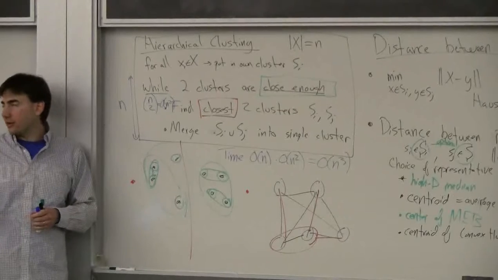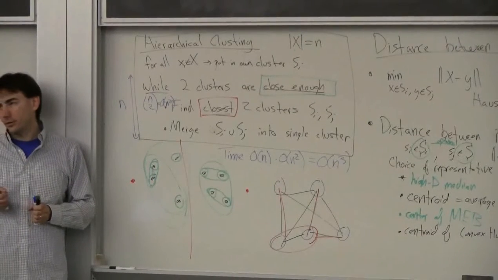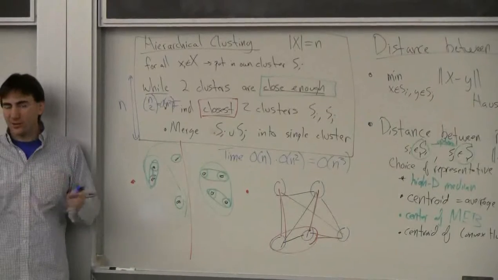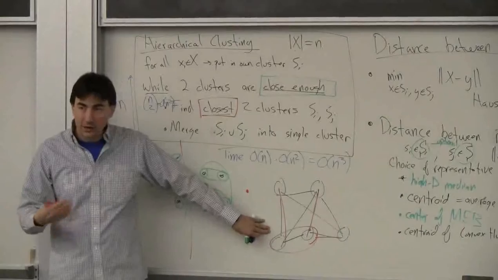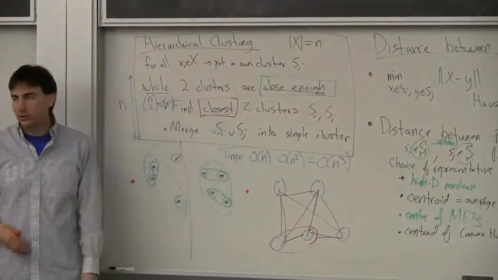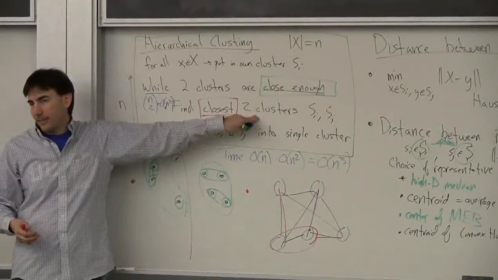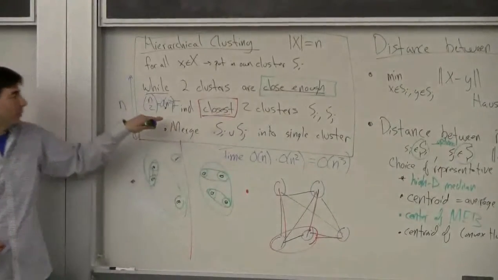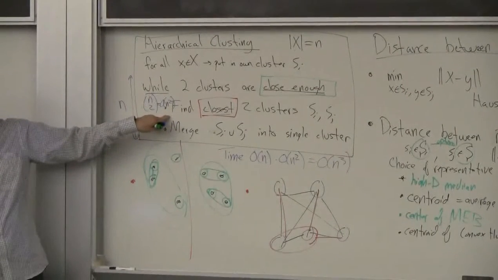But you still need to find the smallest one. You still need to find the closest pair. So we can't just say there are only O of n new distances, from this one to each of the ones untouched. So I still need to spend at least O of n time here. But I don't always need to spend the n squared here.